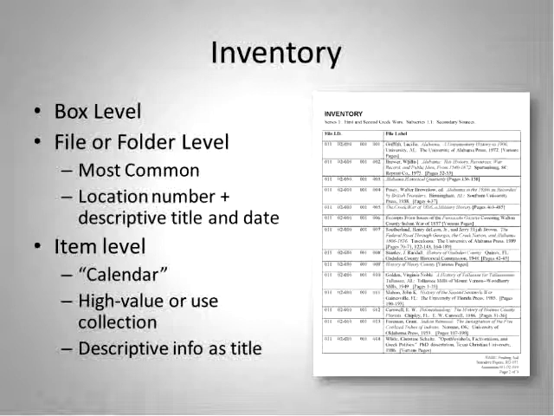The most common inventory, however, is at the file or folder level, which is what we have here for Dr. Saunders. There's some kind of notation that locates each file, and then there's a title per file. Sometimes there's even a date span in the file.